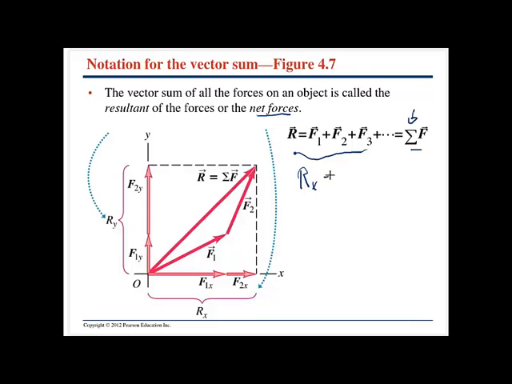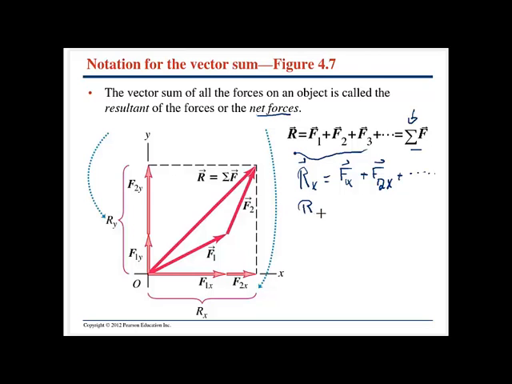Now, we can also break this down into the x and y directions that we've chosen, directions that we're comfortable with, and we can say that the resultant vector is going to be force 1 in the x direction plus force 2 in the x direction plus force 3, 4, 5, and so on and so forth.